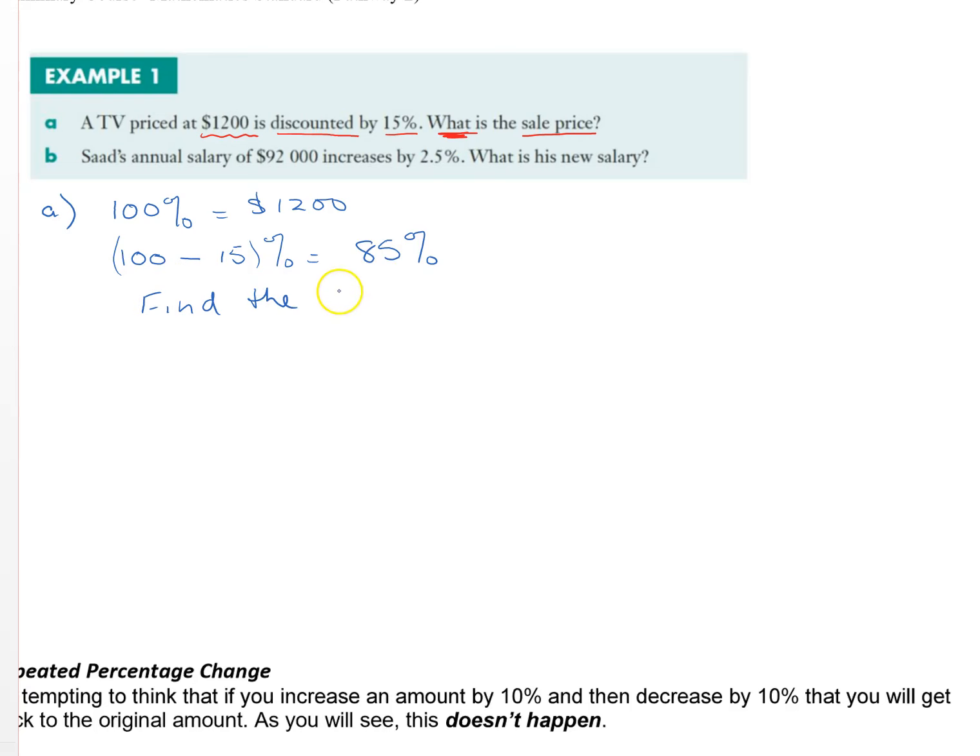What is, find the sale price or discounted price. Now I've just identified that the discounted percentage is 85%.